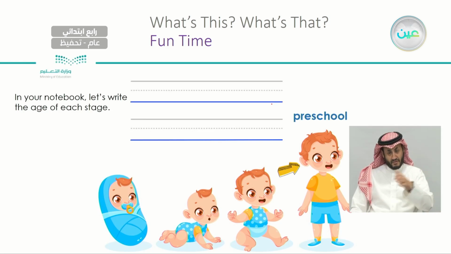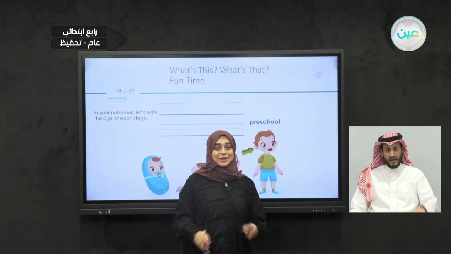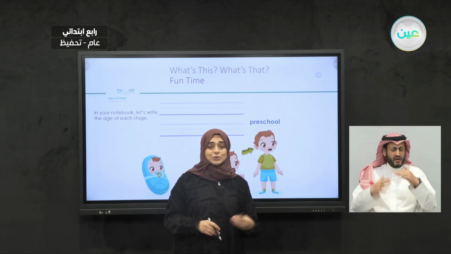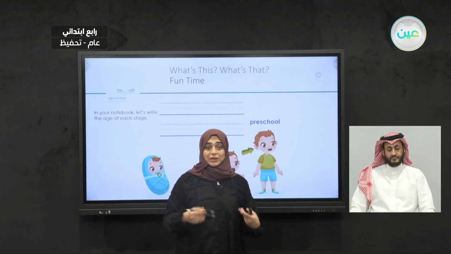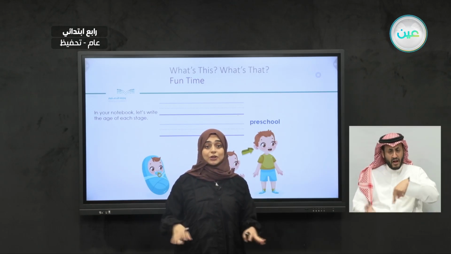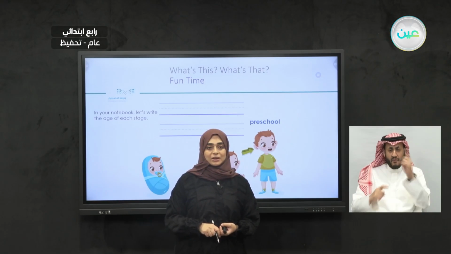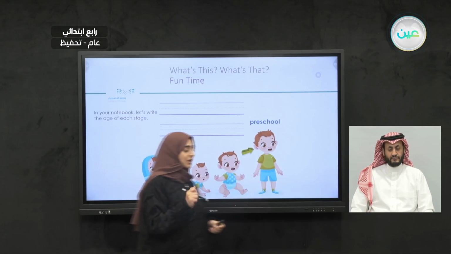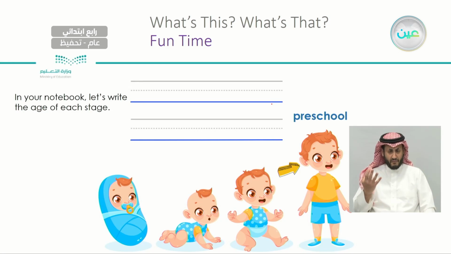Now the toddler is growing so fast. He's ready to go to school. So what age do you usually go to preschool? When you begin to talk, when you're ready to go and learn and explore. Maybe 3 or 4 years? So let's write this down. 4 years old.